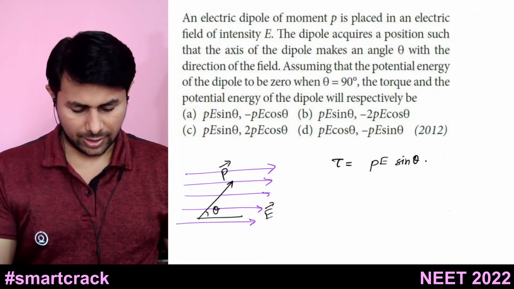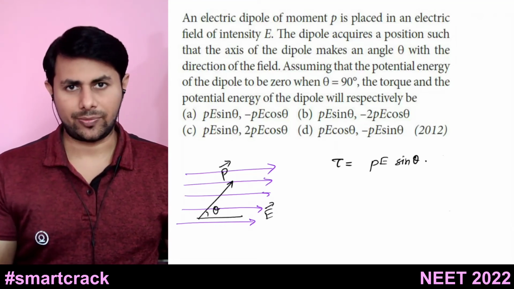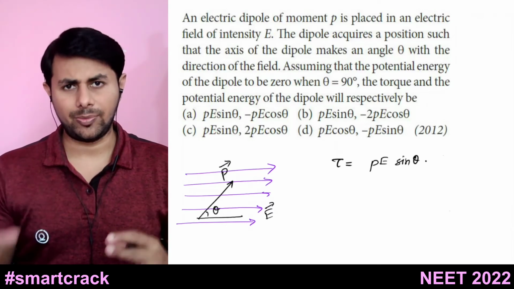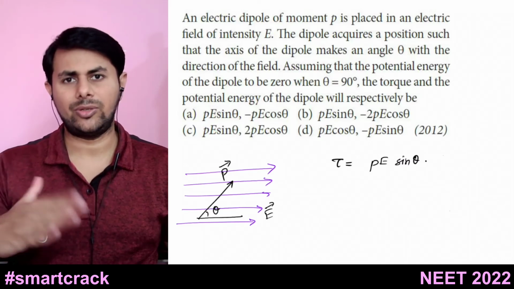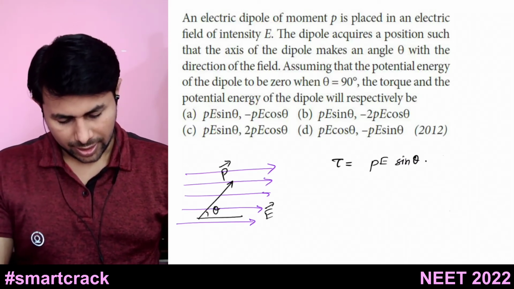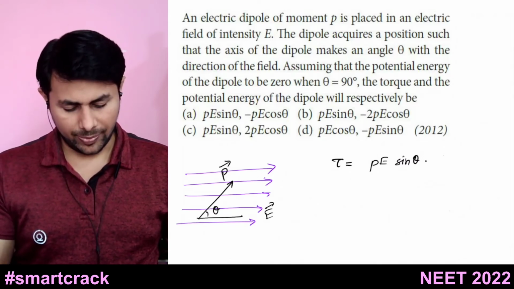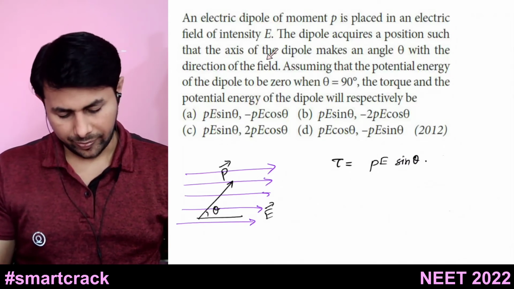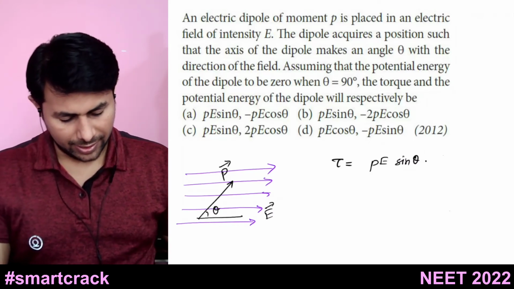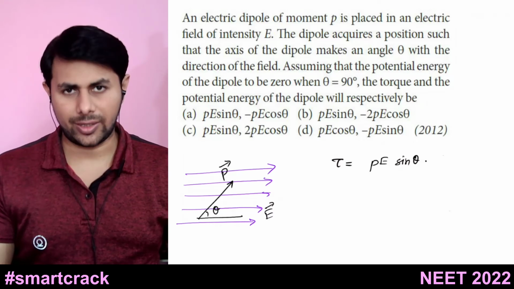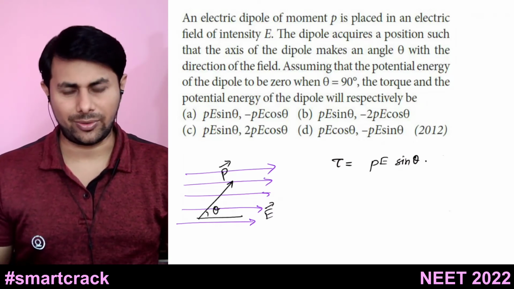Now this torque will tend to rotate the dipole, and suppose we exert some external torque of the same magnitude and rotate it. So the reference angle is given to be 90 degrees. So this is the initial angle and the final angle is theta. So the dipole acquires some position theta. So there will be some work done, and that work done gets stored as the potential energy of this dipole.